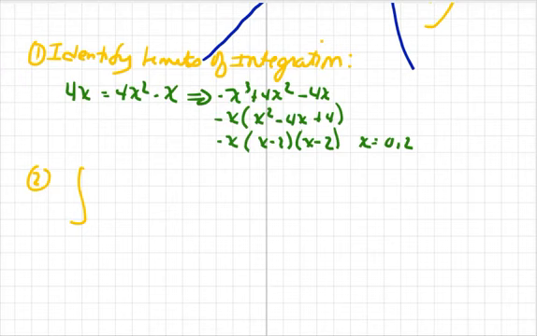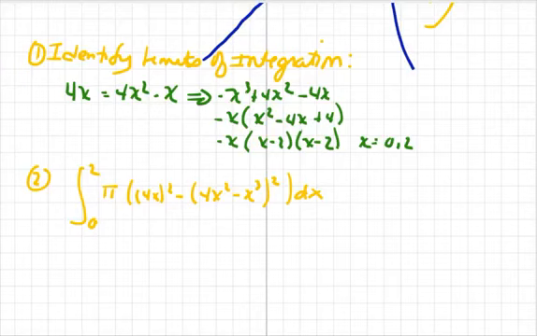Okay, sorry about that. So building this integral, we integrate from 0 to 2, and here's our washer method. We're looking at pi times the radius of the outer, minus the radius of the inner.